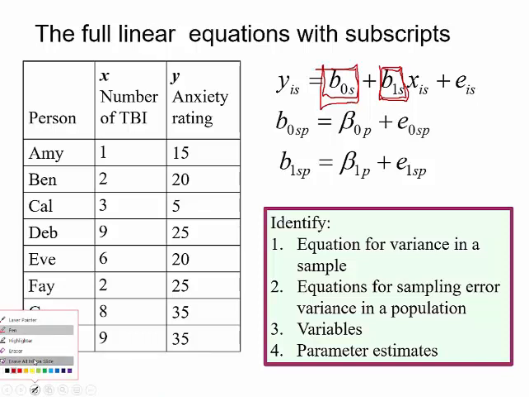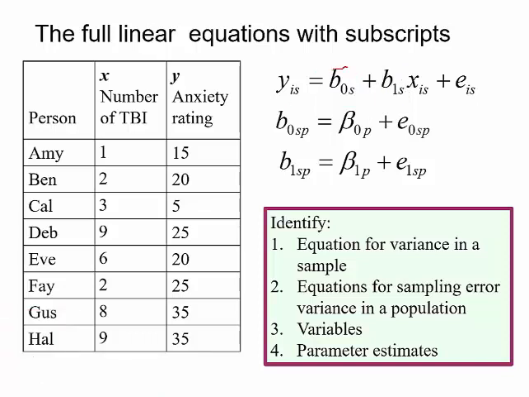And then, as before, every parameter estimate that we estimate in our sample becomes an outcome for our equation for sampling error variance in a population. That is, we estimate a parameter, and then we say in the population, how much does the parameter estimate from our study deviate from the true population parameter?